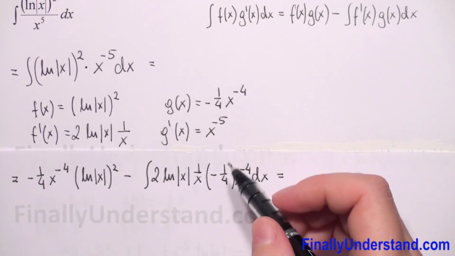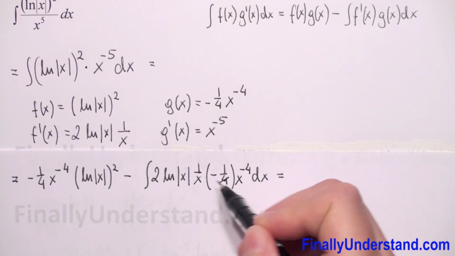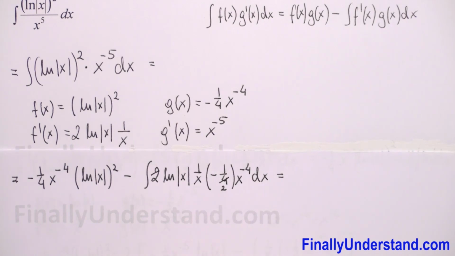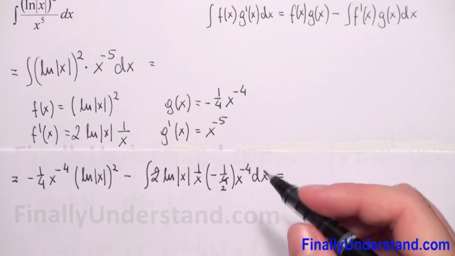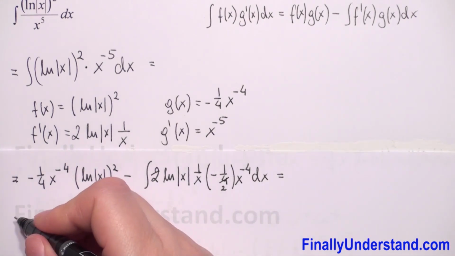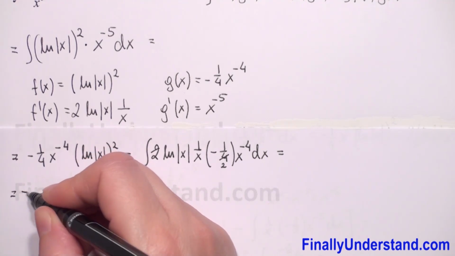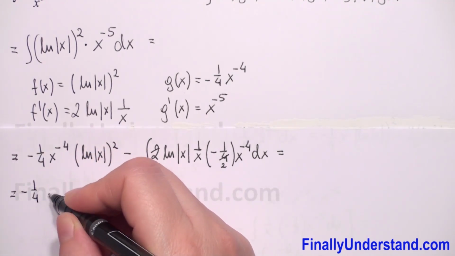So this is equal to, 4 we can reduce with 2, and we will have to copy negative 1 over 4.